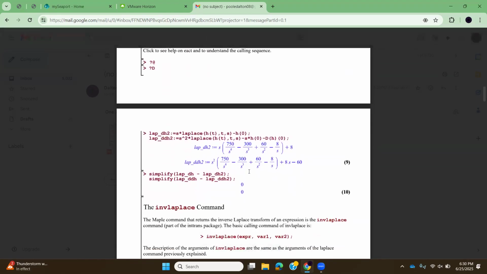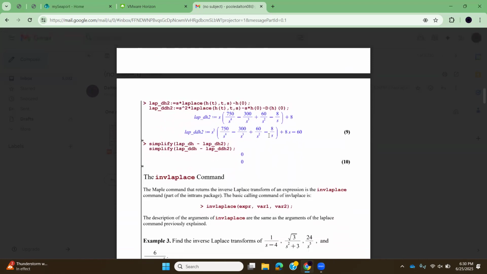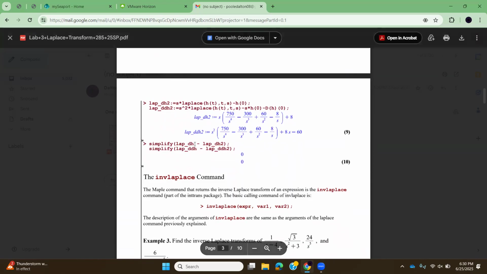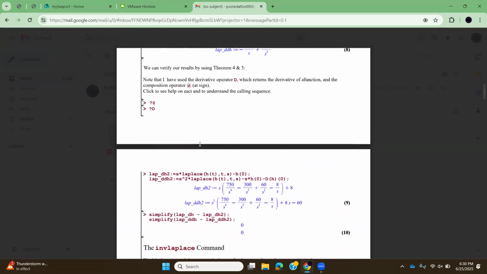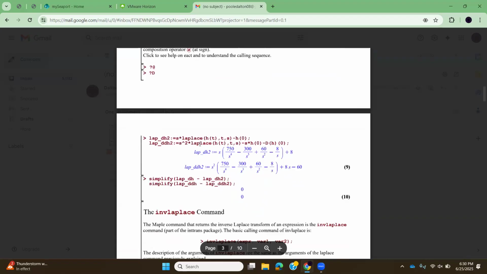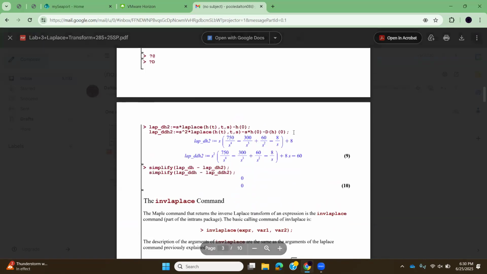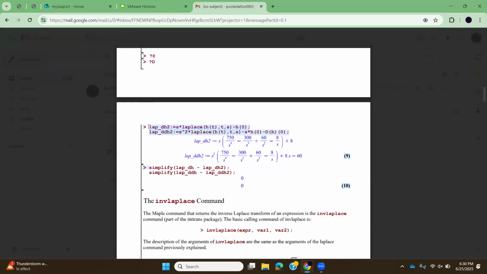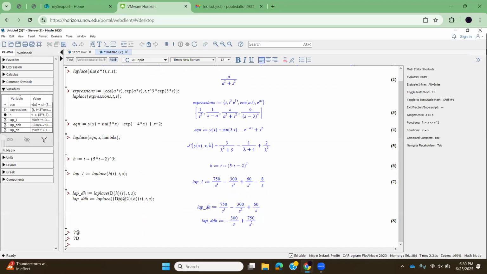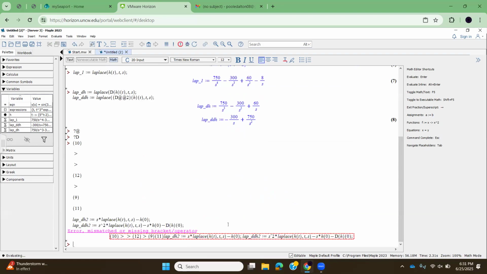And it's showing that if you subtract one from the other, it's going to give you zero, which makes sense. So we'll just go ahead and do these real quick. Again, I think this is just an exercise in kind of seeing what Maple is going to do.